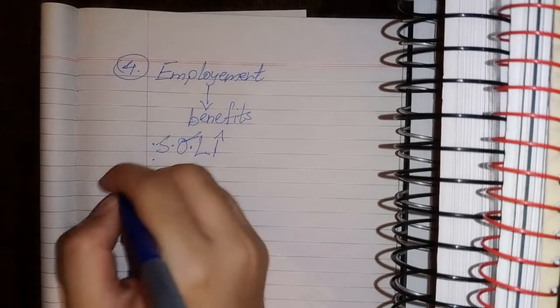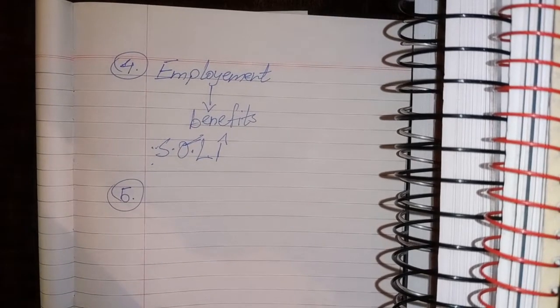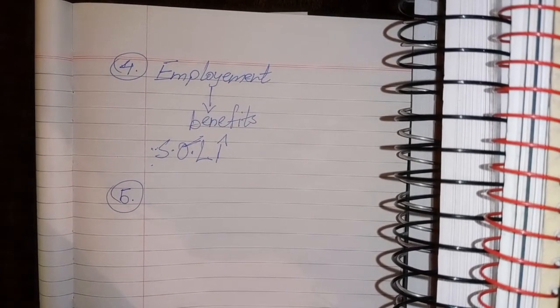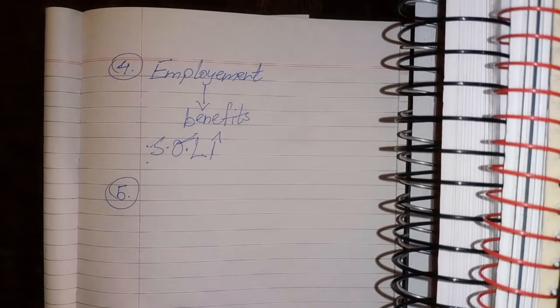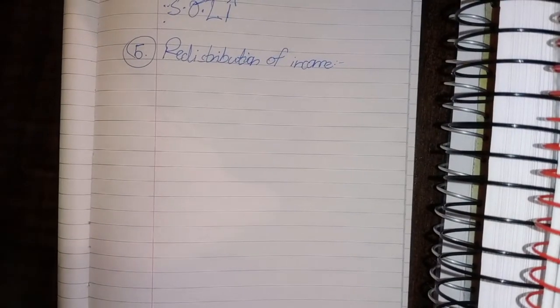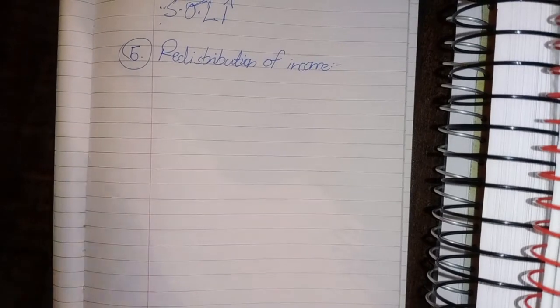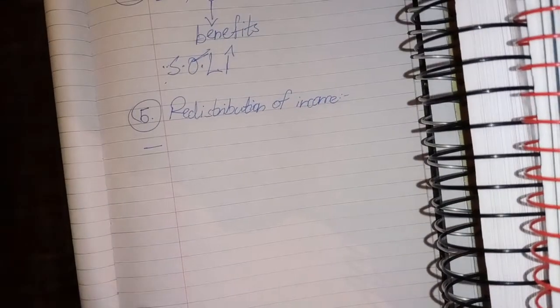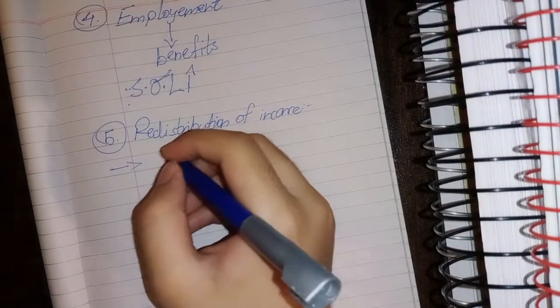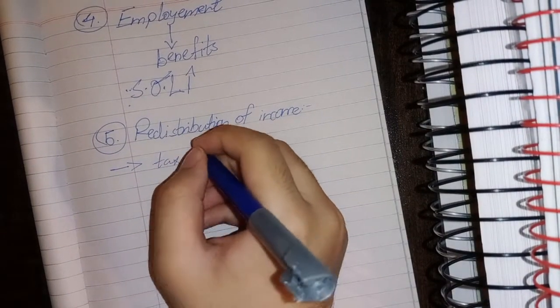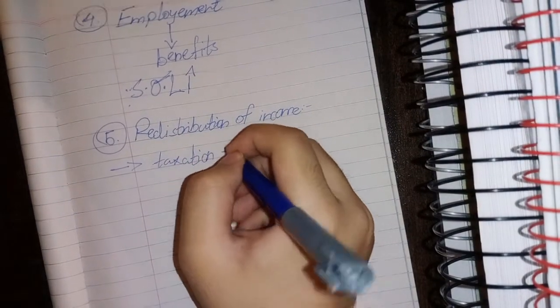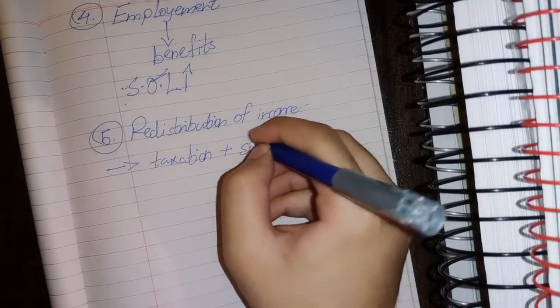Fifthly, they want the redistribution of income from the rich to the poor, and they do this through taxation and through their spending.